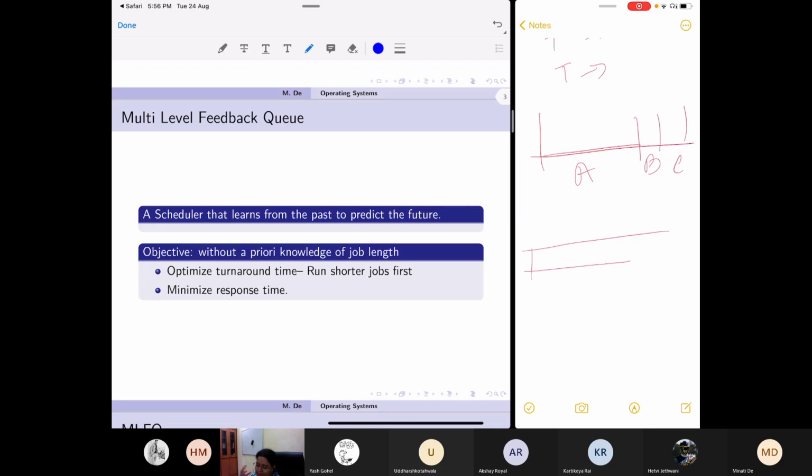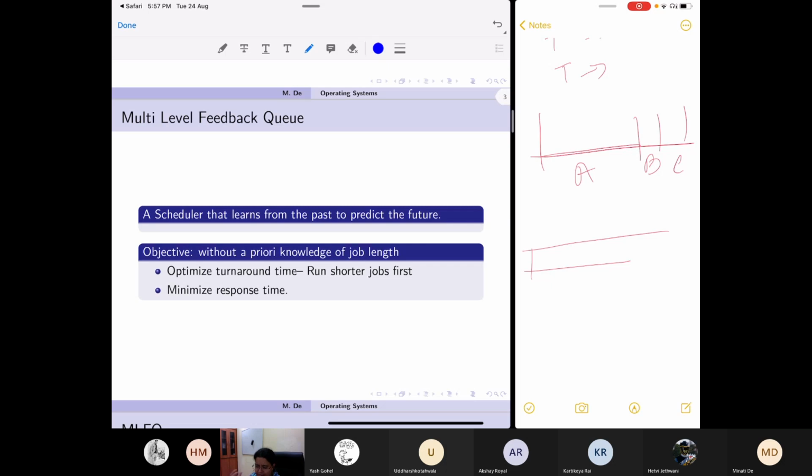According to the behavior the job had in the past, it will predict what to do with respect to that job. Say in the past the job behaved as a CPU oriented job. After observing this, the scheduler realizes it's a CPU oriented job, so we should treat it separately from the other jobs which are IO oriented.